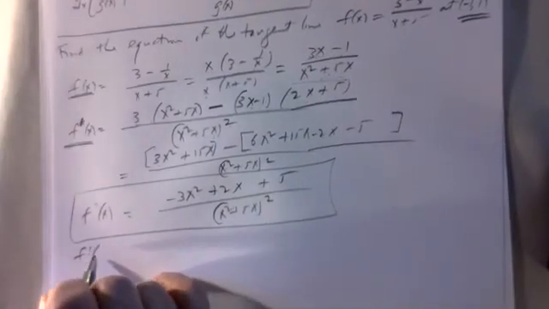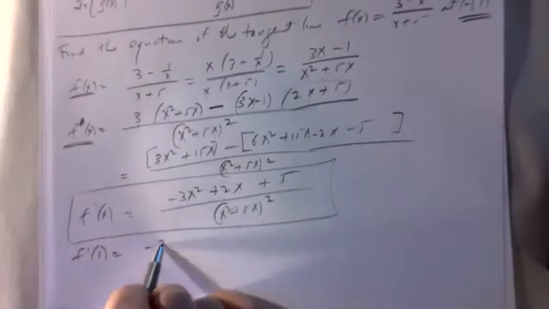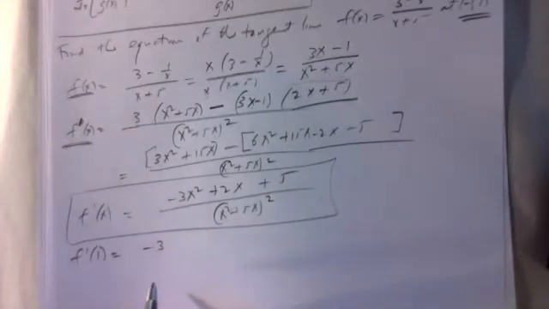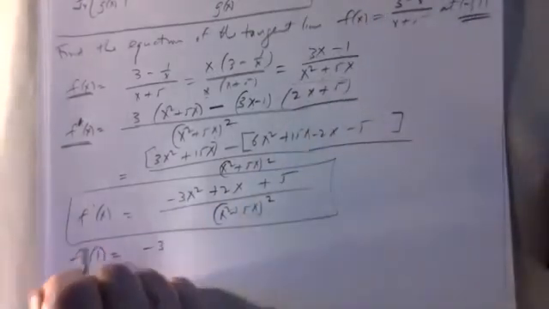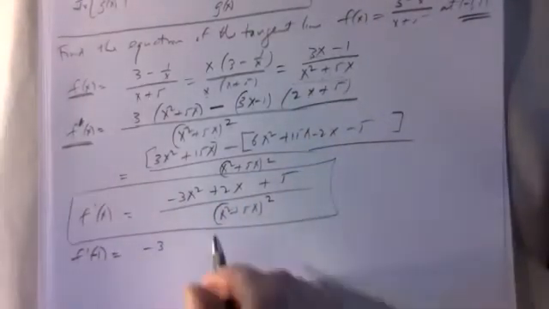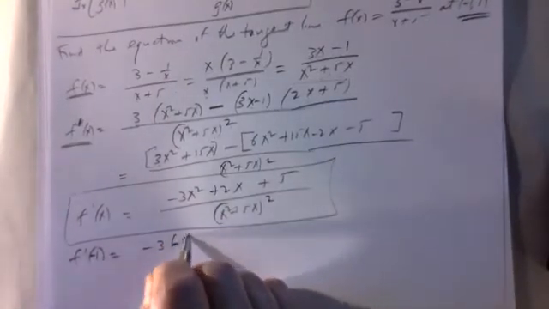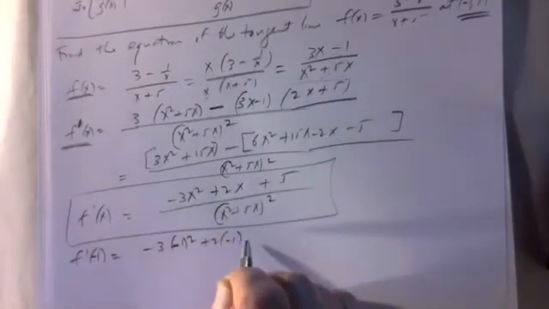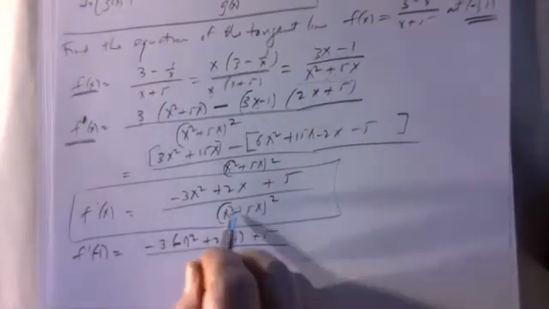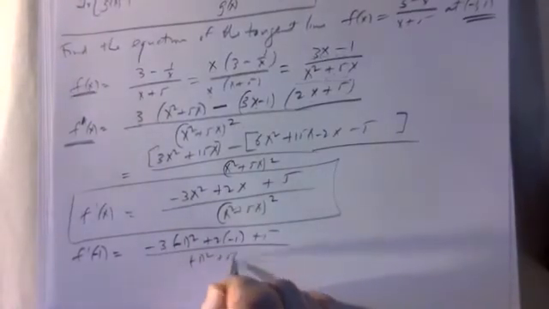And when I evaluate this at x equal 1, I get minus 3, sorry, when I evaluate this at minus 1, that's what I'm asked to do, I get minus 3 times minus 1 squared plus 2 times minus 1 plus 5 over minus 1 squared plus 5 times minus 1.